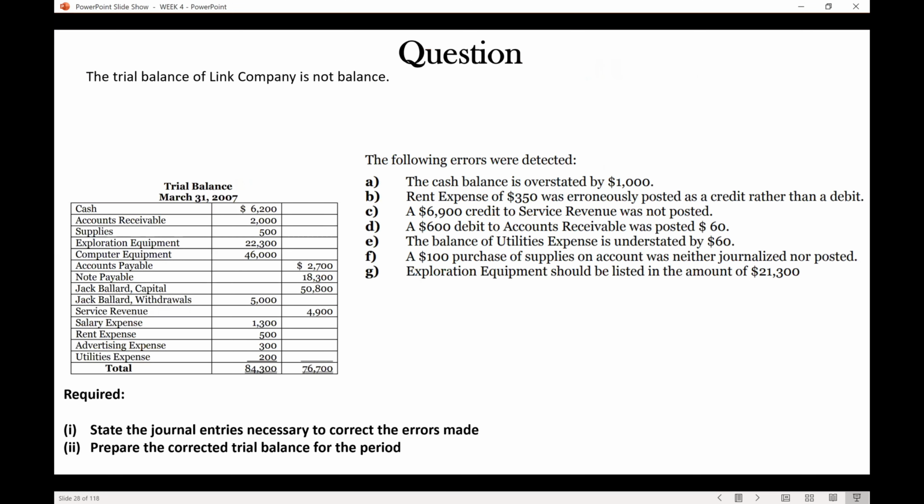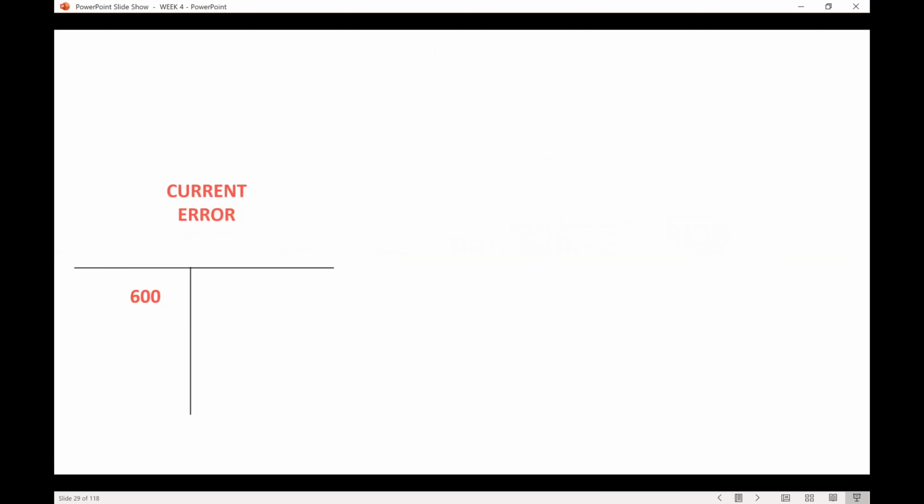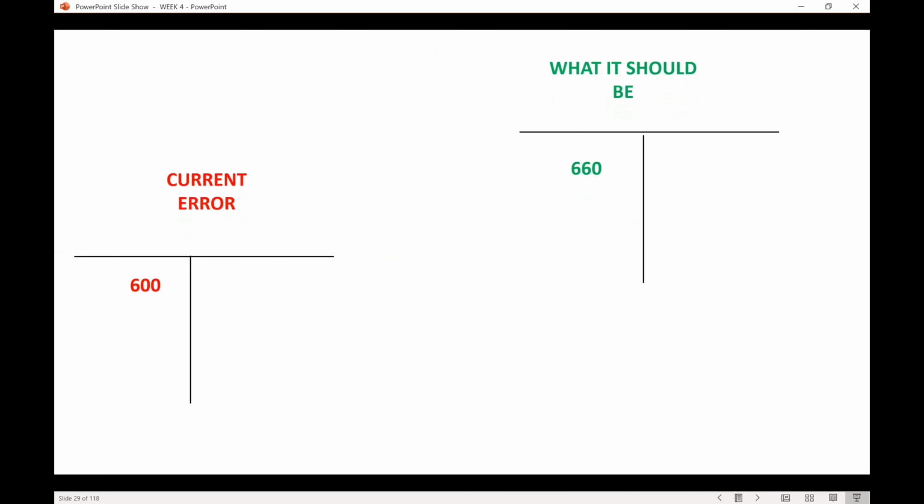Let's continue. The balance of utilities expense is understated by $60. Let's look at what this looks like. So our current error and what it should be. It says that your utilities expense, we know that's an expense account, and it usually has a debit balance, right? So what it should have been is $660, but it's understated in our current error by $60.